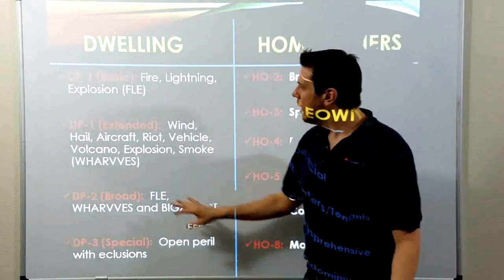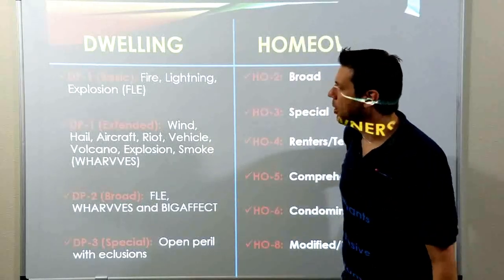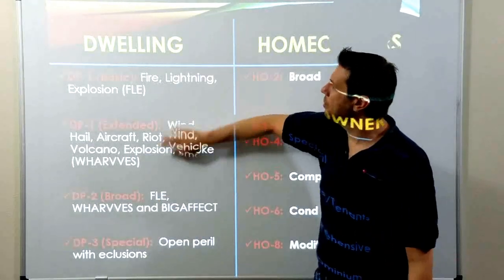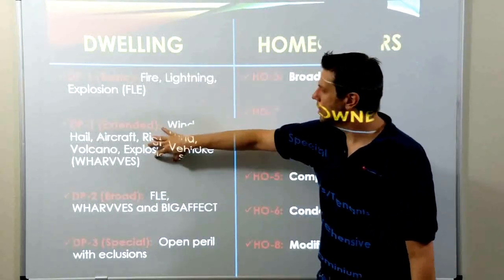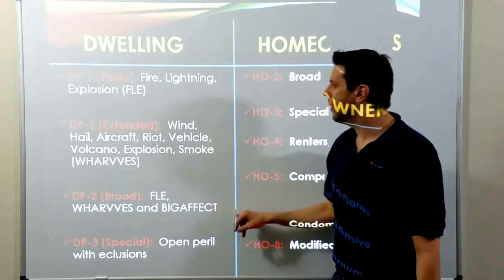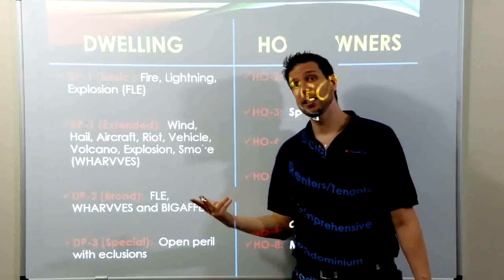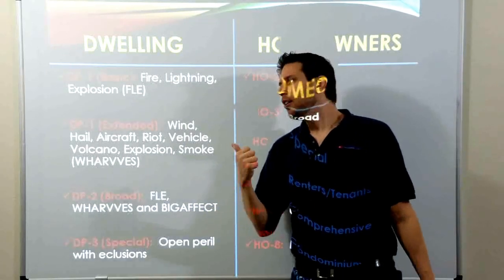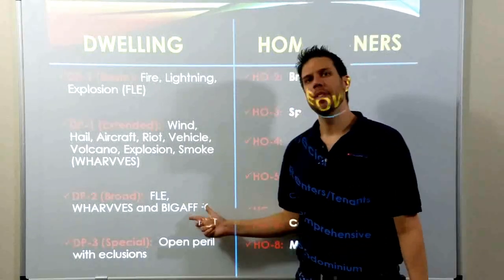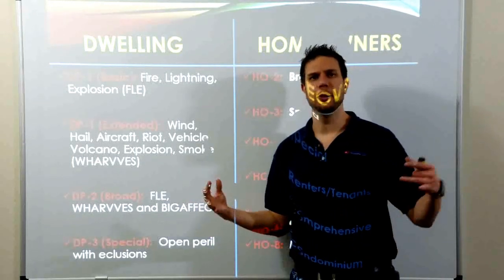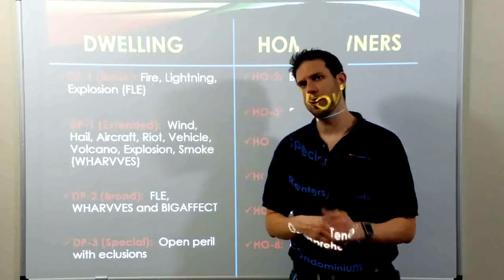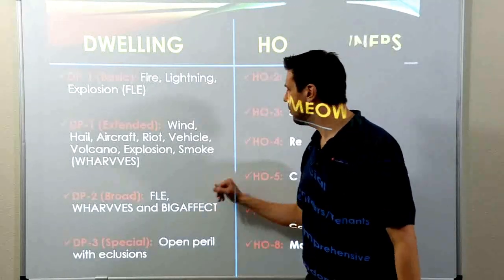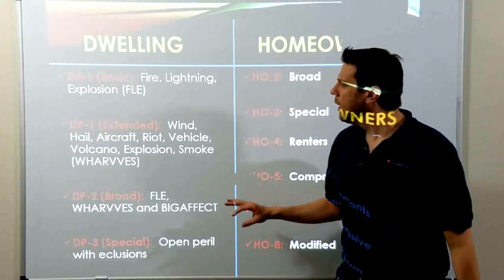your car. The DP2, the broad cause of loss form, protects your house against all the basic perils, plus burglary, ice, glass, accidental discharge, which is bursting pipes, falling objects, freezing of plumbing, as long as you maintained proper heat control or drained the pipes, electrical failure on premises, collapse and tearing asunder.